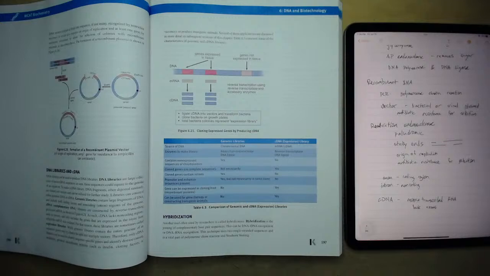Why can't the genes be expressed in the cloning host, recombinant proteins?